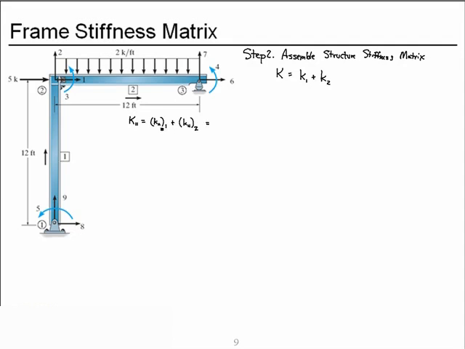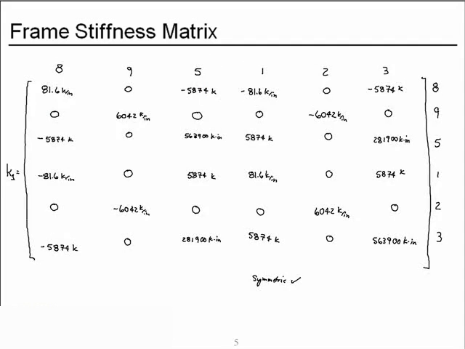And so if we look back for member 1, K11 is not this quantity, it's this row, the row associated with degree of freedom 1, and column associated with degree of freedom 1, it's this coefficient.